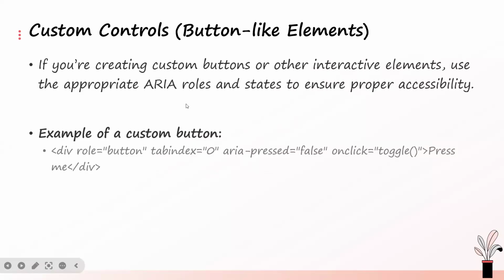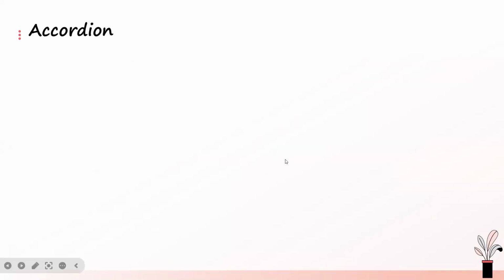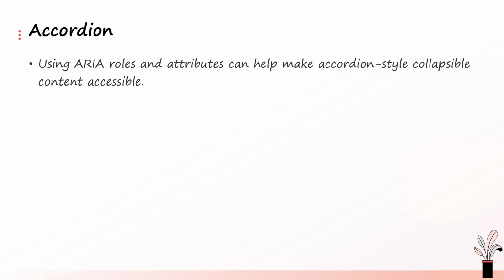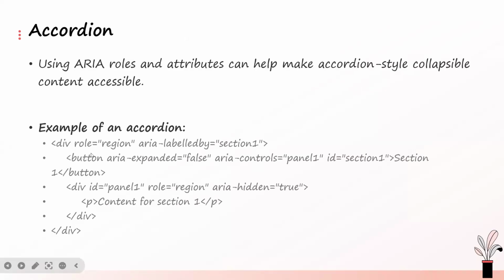So you're going to understand better when we get there. You can see that this div has a role of button, and the on-click of it is toggling something. We can also use it on an accordion, okay? And you can give it aria-label, aria-expanded, all this stuff. So these are the common use cases, okay?